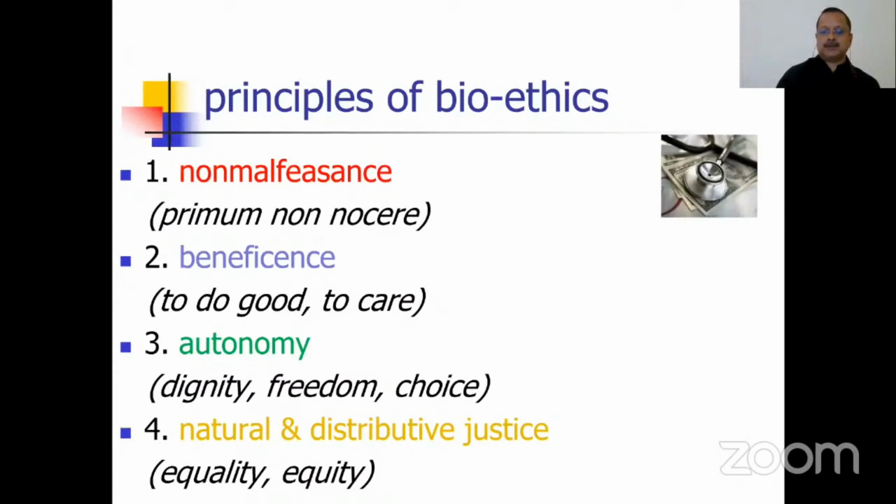So the key words to be focused on here are to keep the dignity of the patient intact, understand that the patient has the freedom to choose what is good for him, and finally it is his choice when he gives consent.